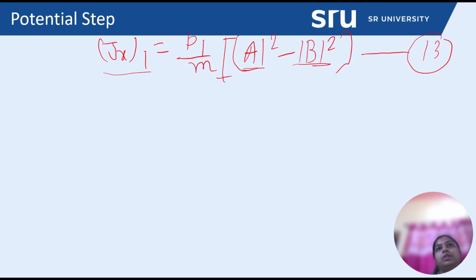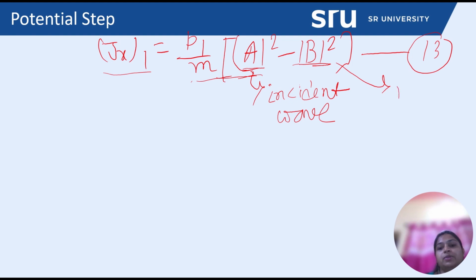The first term is proportional to the A square part, and this part represents the incident wave, and the second term, which is proportional to B square, represents the reflected wave.